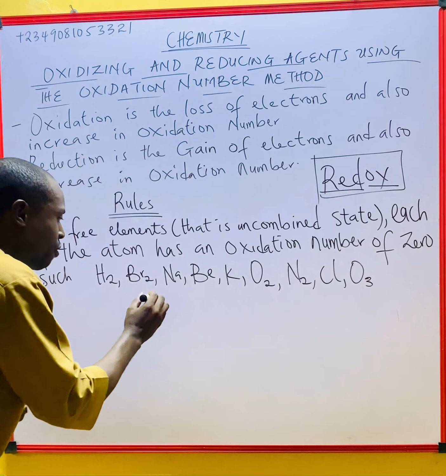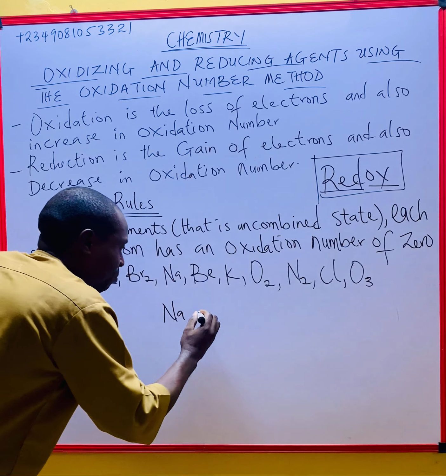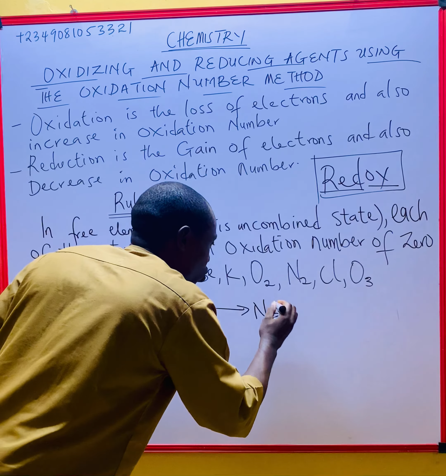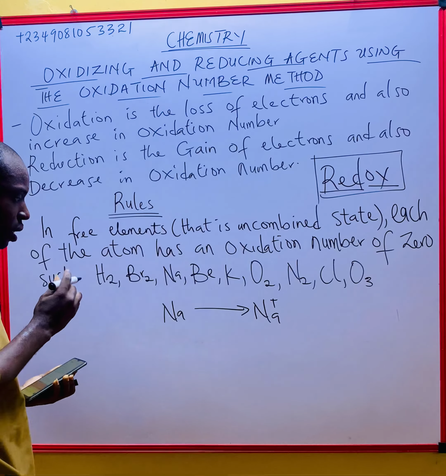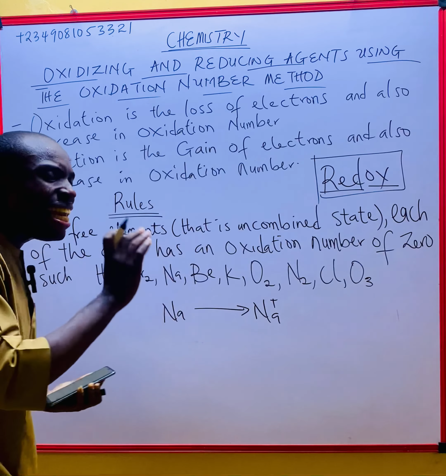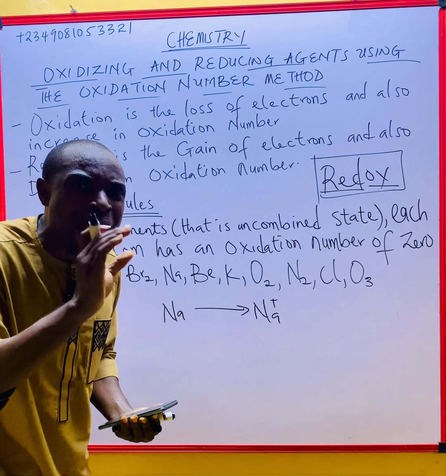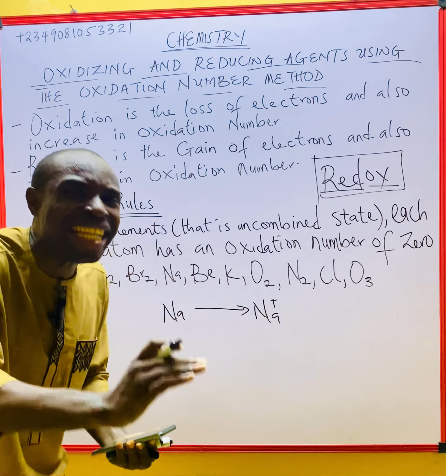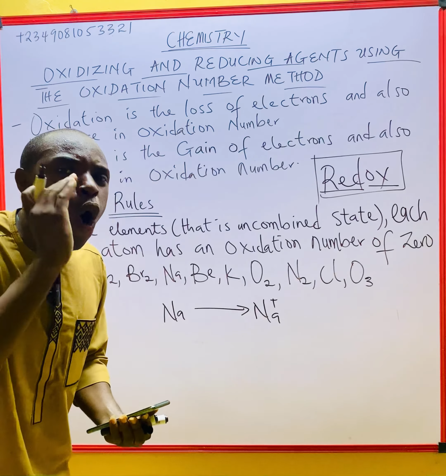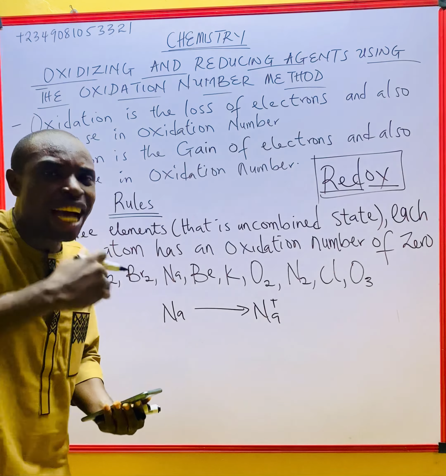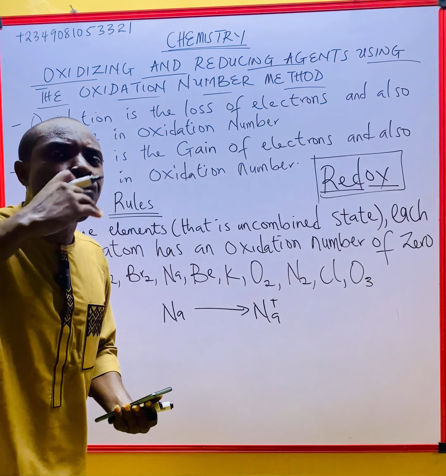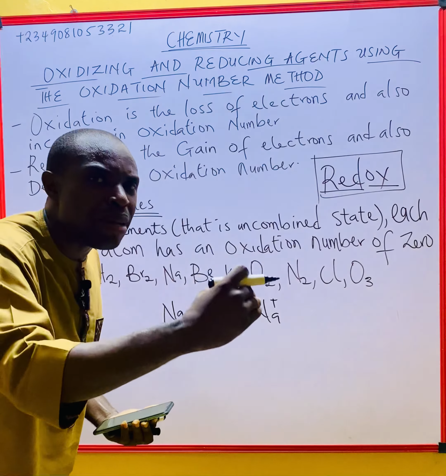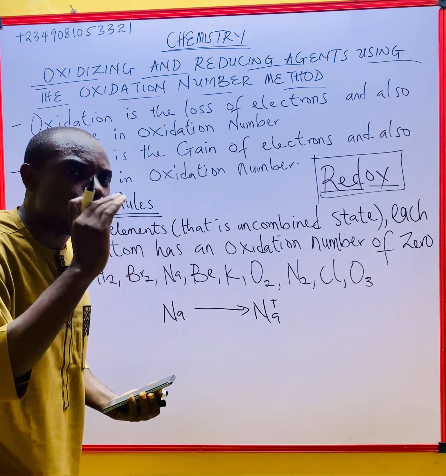For example, if I'm having sodium here, give me sodium ion. Now, take note. Any element in its uncombined state, meaning they are not in their compound form, has an oxidation number of 0.